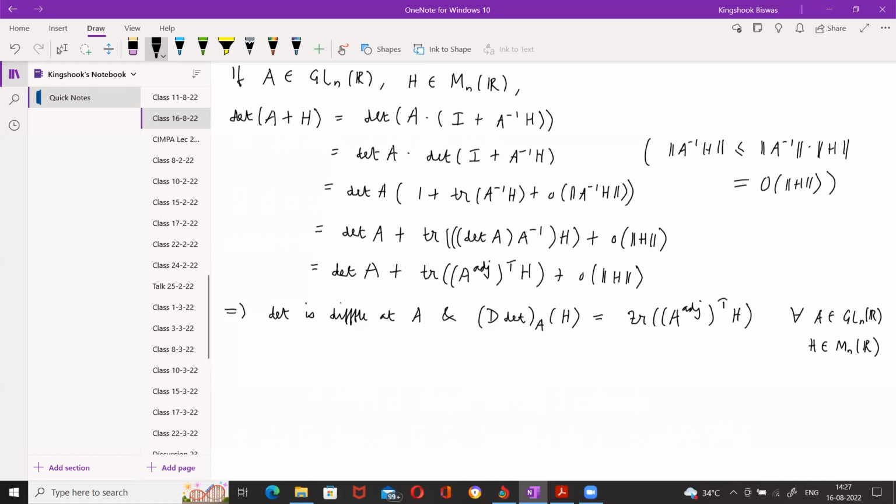And so both sides are polynomial functions, and this is true for all A in GL_n(R), but GL_n(R) is dense in M_n(R), right? Yes.